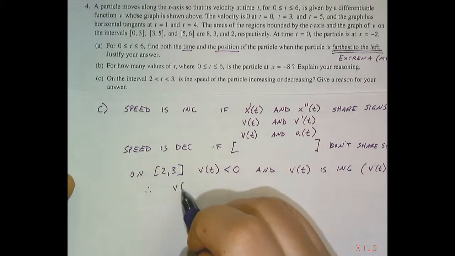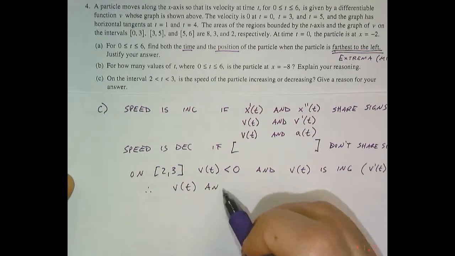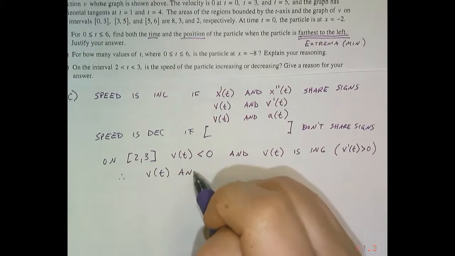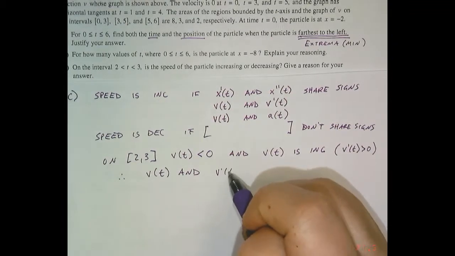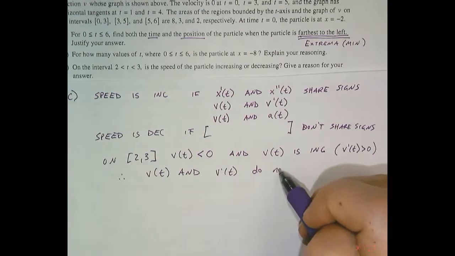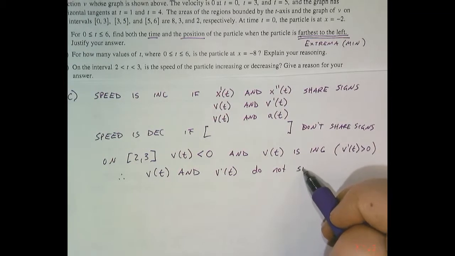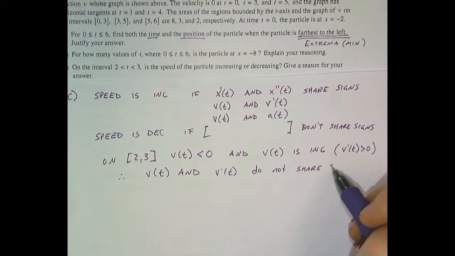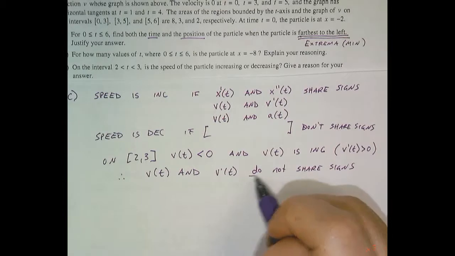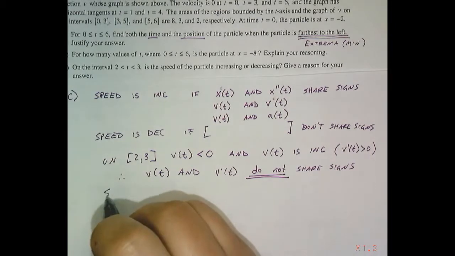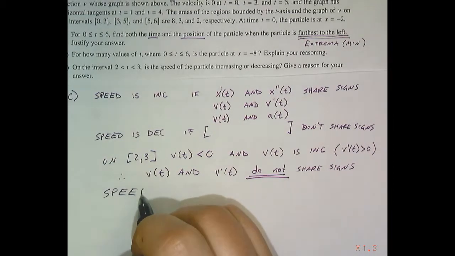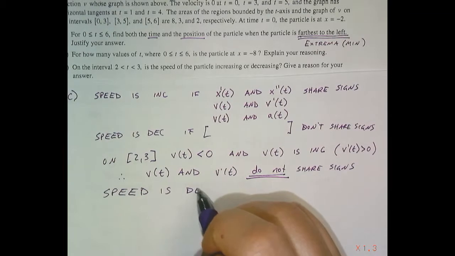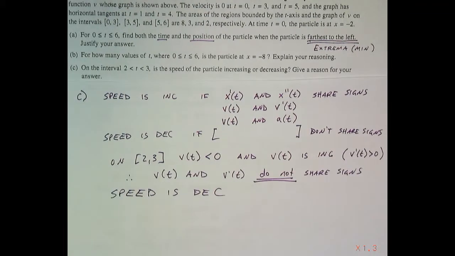Therefore, v of t and v prime of t do not share signs. Speed is decreasing.